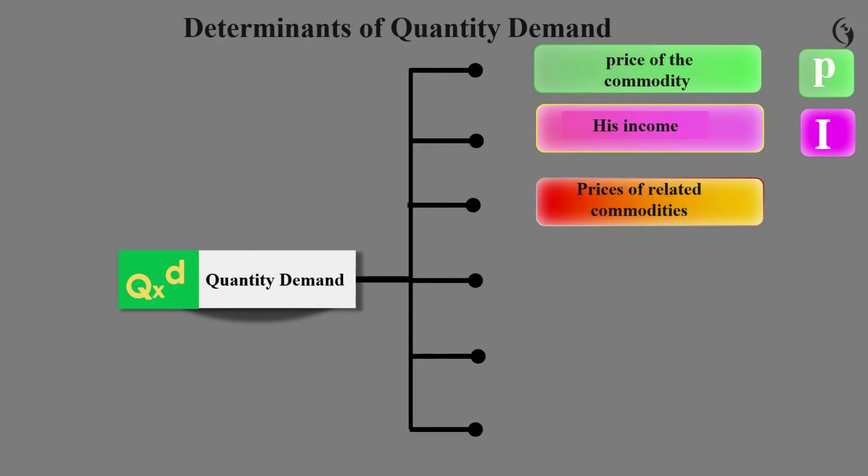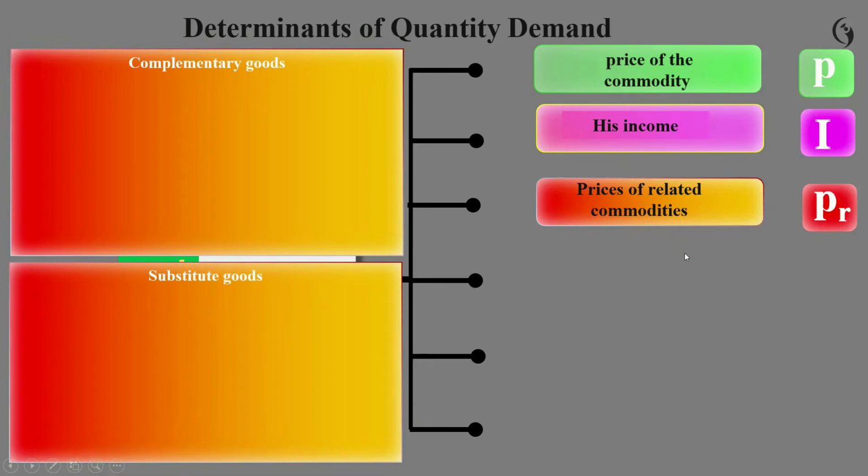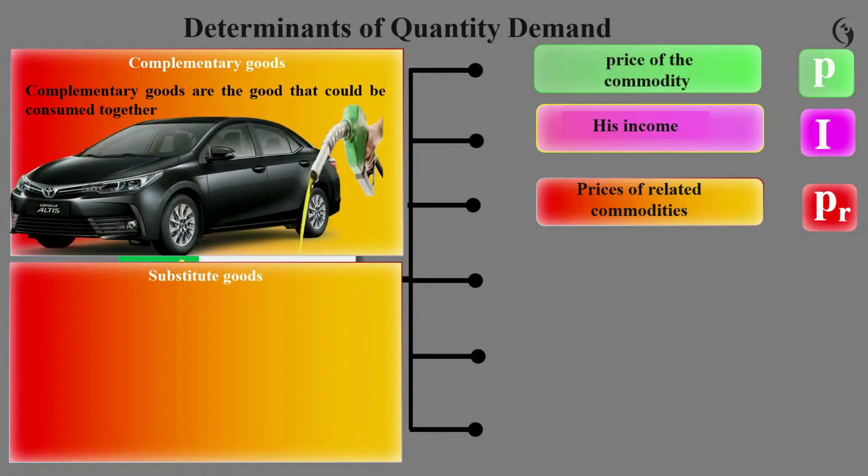The third factor is the price of related commodities, that means PR. For the price of related commodities, we consider two types: complementary goods and substitute goods. Complementary goods are goods that could be consumed together. For example, the car and petrol, both are consumed together.